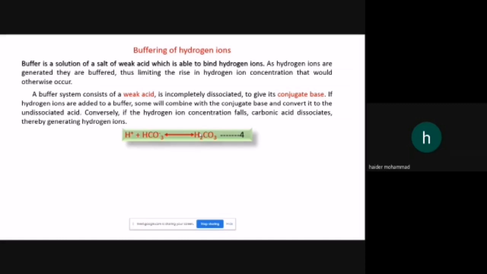Carbon dioxide will be removed by the lungs while the water goes into the water inside the human body. By this way, the hydrogen ions will be removed.